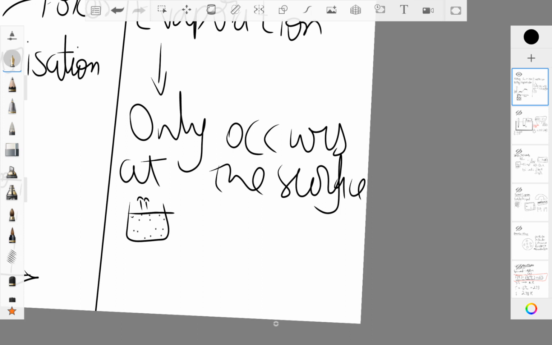Another way that evaporation differs from boiling is something that I already mentioned. Evaporation can occur at all temperatures below the boiling point of the liquid, whereas boiling only occurs at a specific temperature.